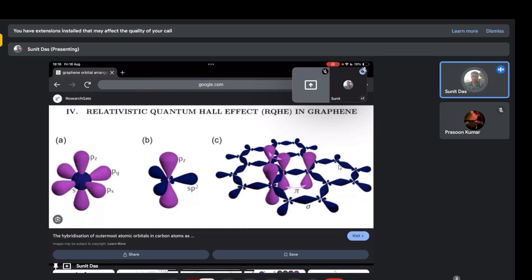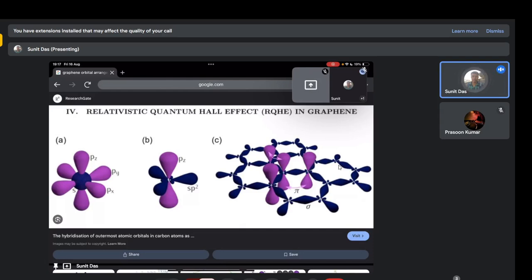And for a graphene plane, the sp2 orbitals are colliding head on, or overlapping with each other, which is represented by this sigma around them. Whereas pi orbitals, or let's say pz orbitals, are vertically aligned.